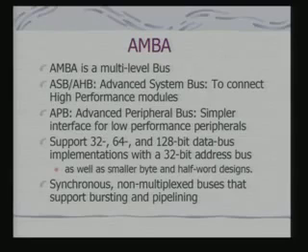It can also be used for doing smaller transfers like half word and byte transfers. It is a synchronous, non-multiplexed bus that supports burst mode transfer as well as pipelining.